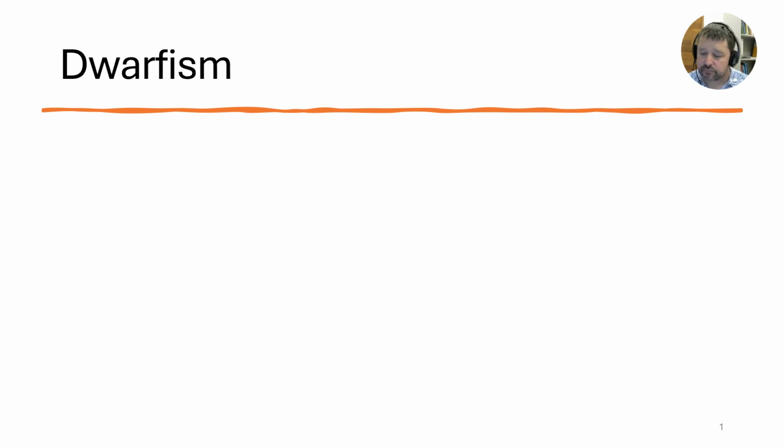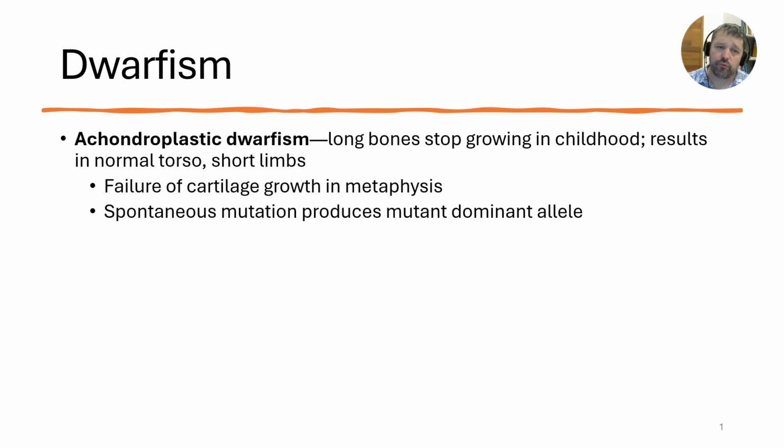Okay, the first one I want to talk about is dwarfism. Dwarfism comes in two forms. One which we call achondroplastic dwarfism. This is what results in long bone problems. So your long bones stop growing.